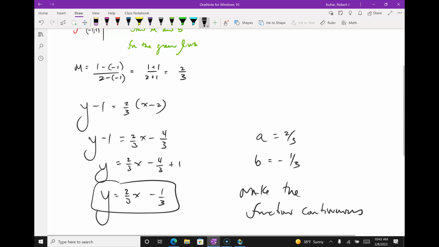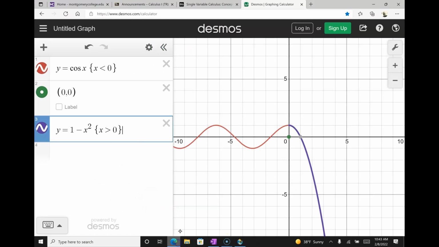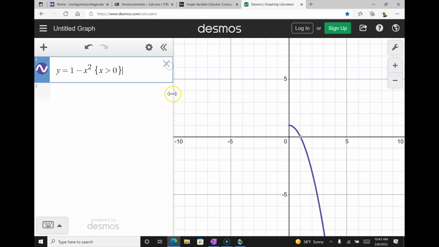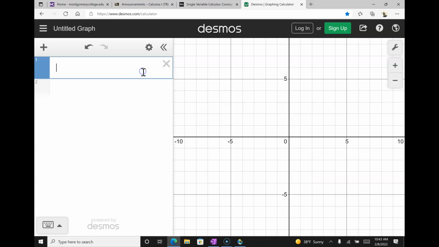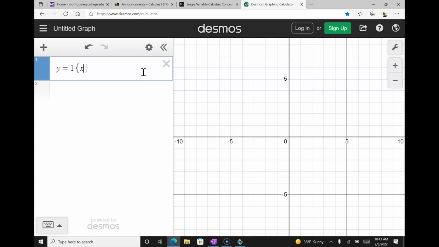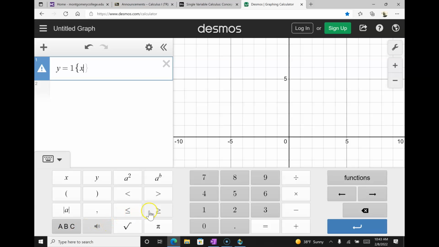Then on the test, or on the quiz, what am I going to do? Graph it, right? y equal to 1 for x greater than or equal to 2.